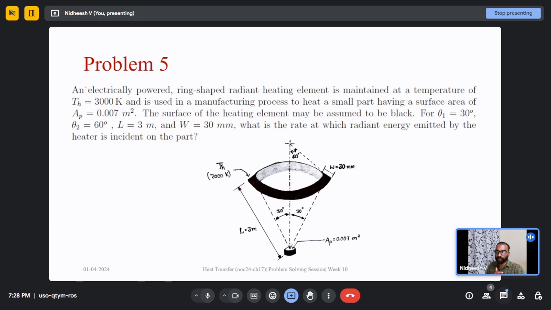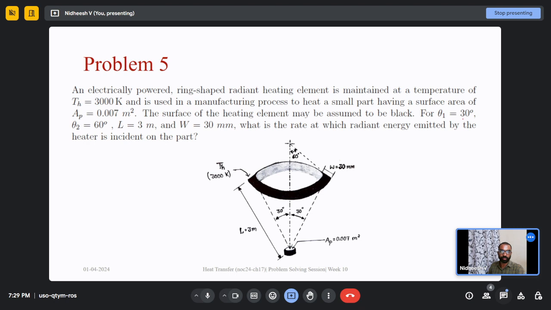An electrically powered ring-shaped radiant heating element is maintained at a temperature of T hot, Th, equal to 3000 Kelvin and is used in a manufacturing process to heat a small part having a surface area of AP equal to 0.007 meter square. The surface of the heating element may be assumed to be black.